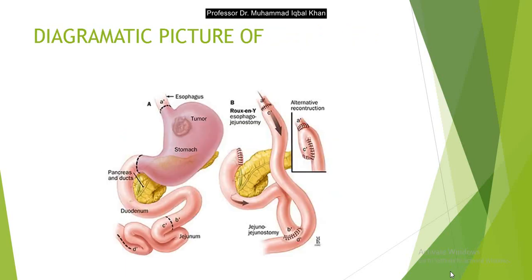So rather than removing the whole stomach, the half portion of the stomach is cut, and the remaining portion is anastomosed with the jejunum, making this type of Y. As seen, the proximal portion of the jejunum is being anastomosed with the proximal portion of the stomach.